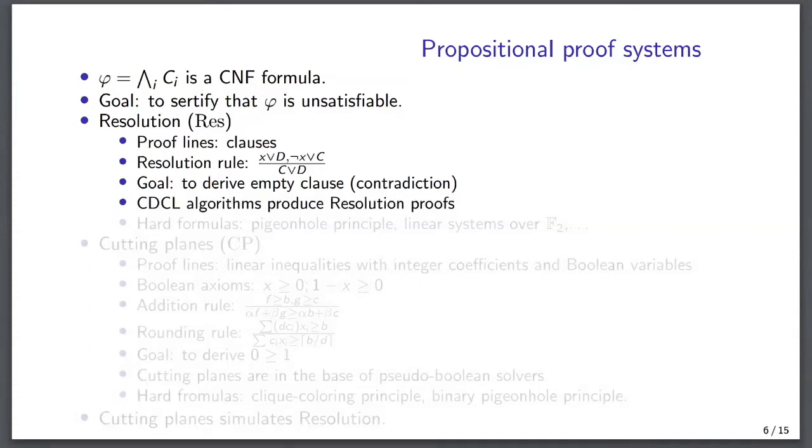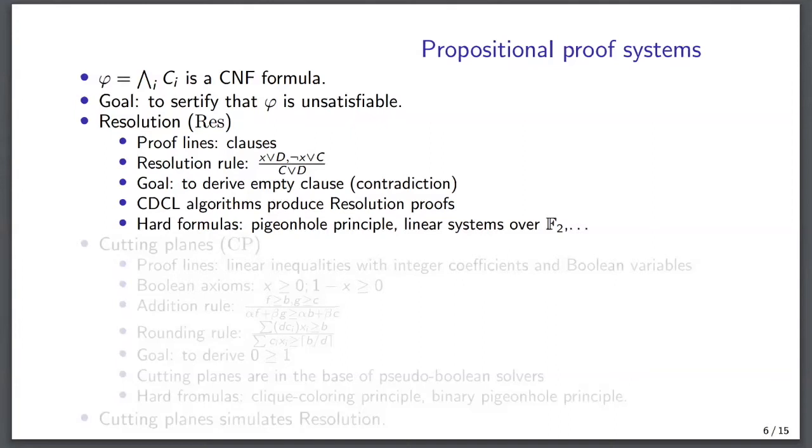The resolution proof system is at the base of CDCL algorithms. If we run a CDCL algorithm on an unsatisfiable formula, then in some sense it produces resolution proofs. There are hard formulas for resolution, and by hard formulas, I mean formulas that require extremely large proofs in this proof system.